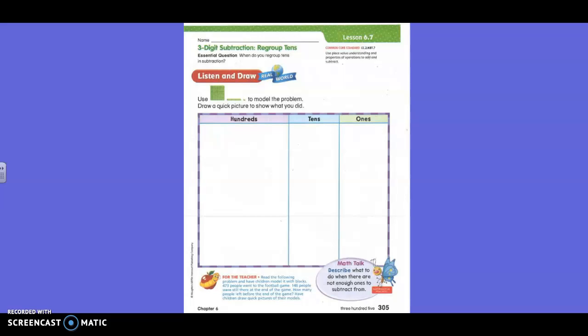For the story problem, 473 people went to the football game. 146 people were still there at the end of the football game.